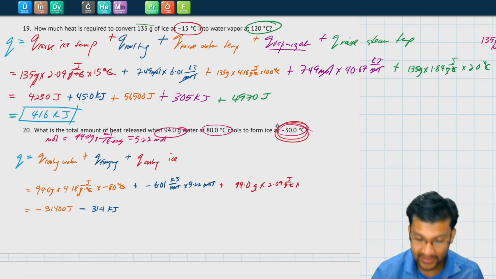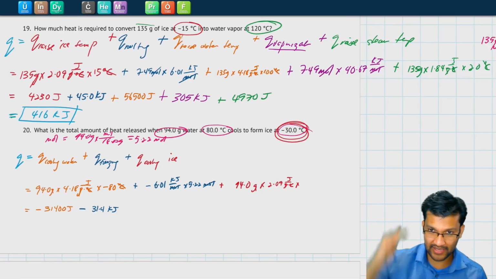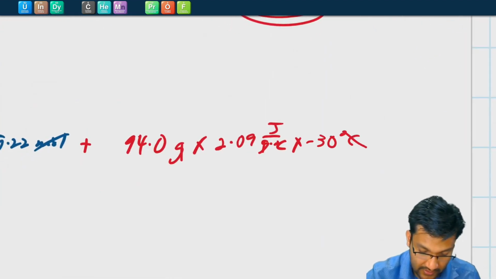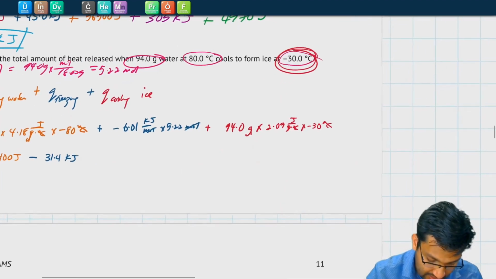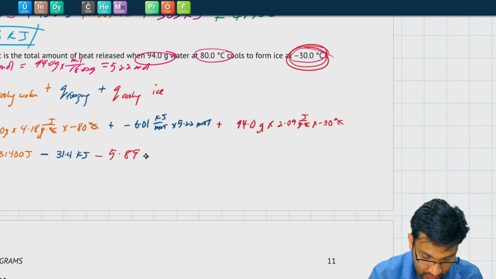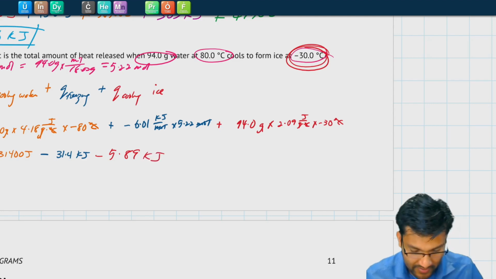We're going all the way down to negative 30 degrees Celsius. So we're going from 0 to negative 30. Temperature change is negative 30 degrees Celsius. So this comes out to be negative 5.89, I believe 5.89 kilojoules. Let me just run this by my calculator.